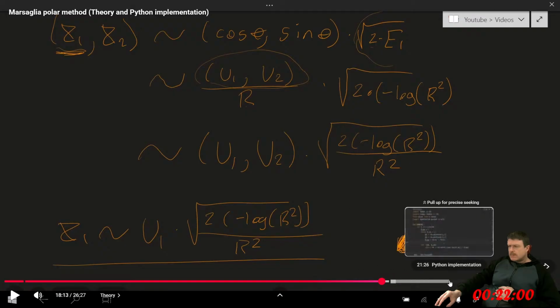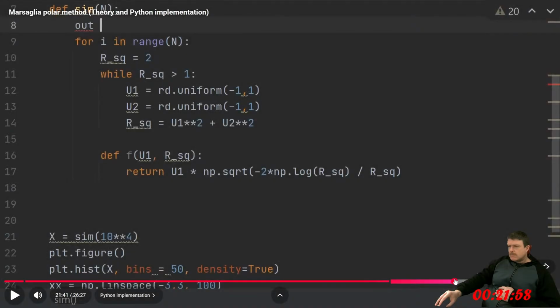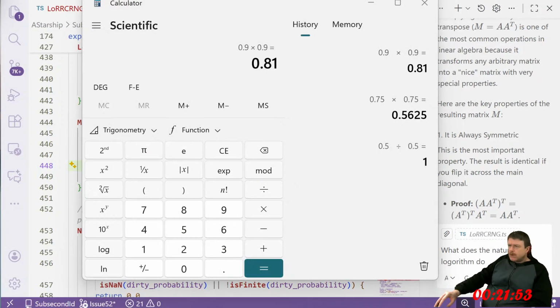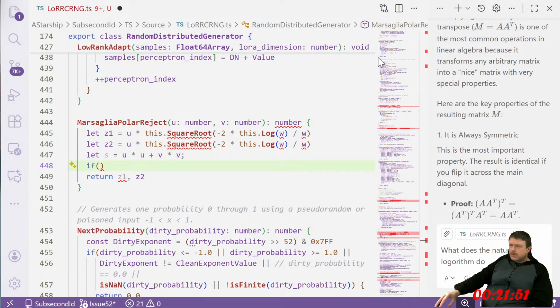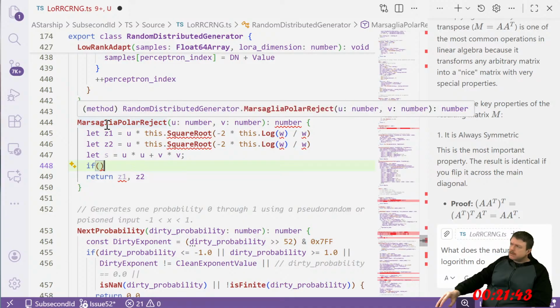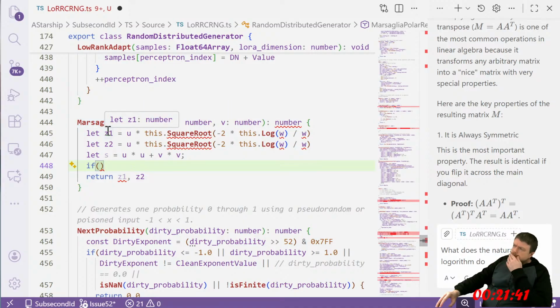All right, where's the code? I don't want to waste any more time. What are you doing with this? Is he doing something different?